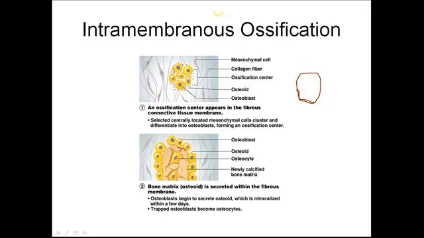And it will form bone tissue, and then it grows from the outside. This will make osteoid here, and another cell will be here, and in this way it makes bone matrix within that fibrous membrane, and that's that. It's pretty simple.